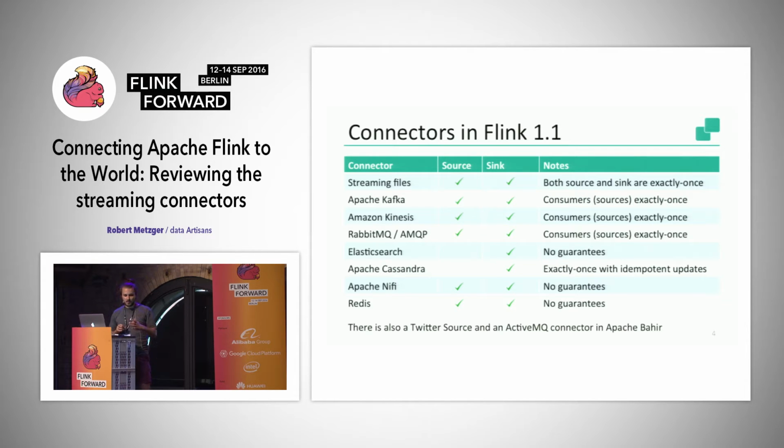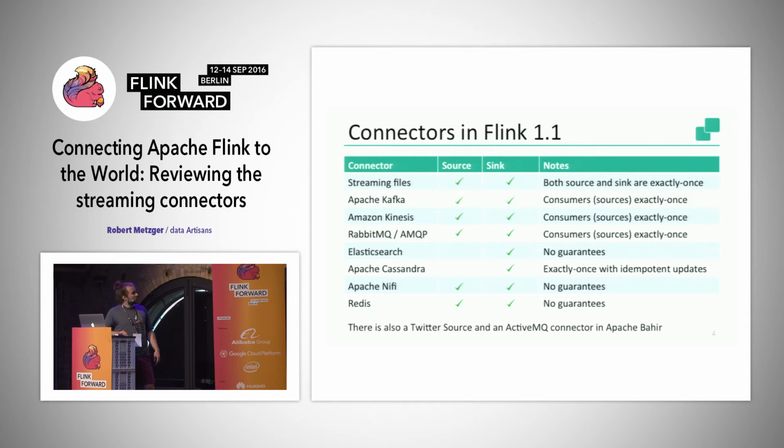These are not log-based message passing systems like Kafka, but really element-based, acknowledgement-based message passing systems. And for these, we also provide sources that provide exactly once semantics, but not sinks that provide exactly once semantics.